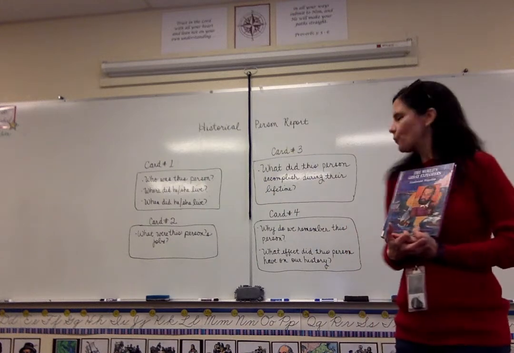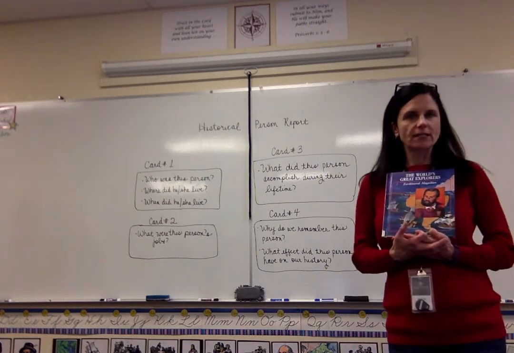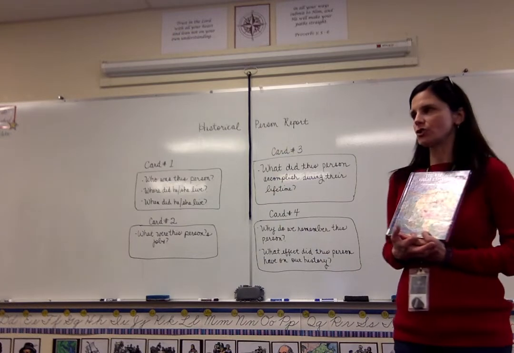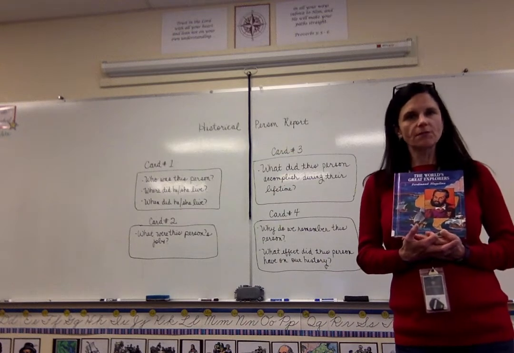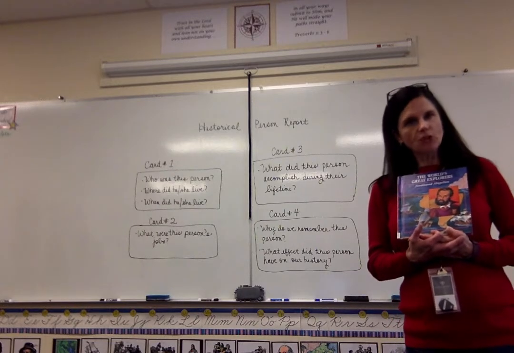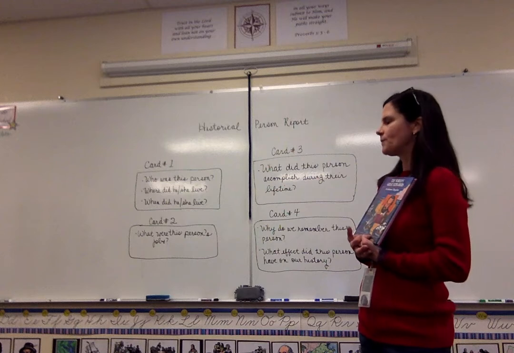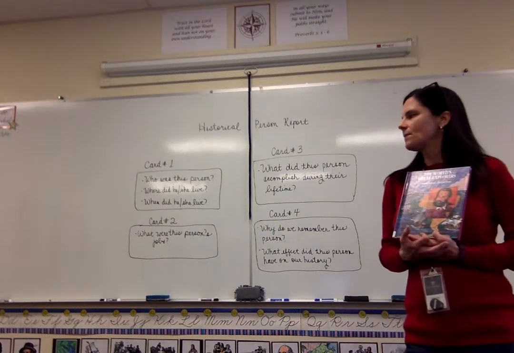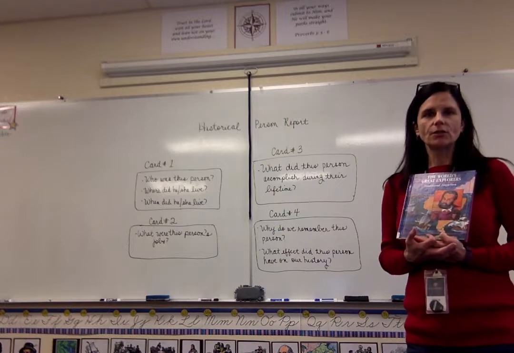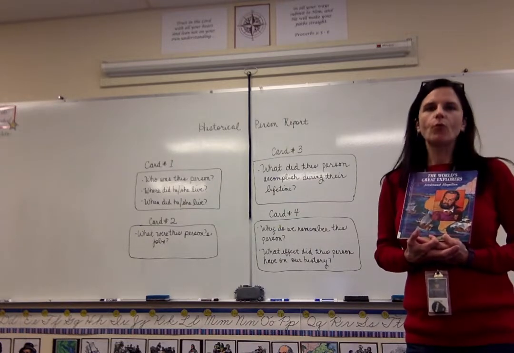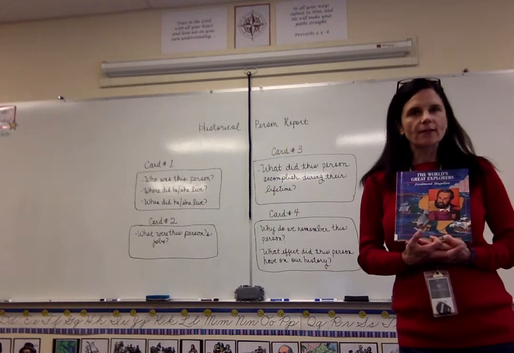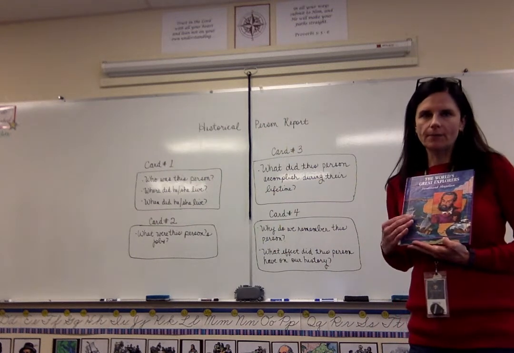We also remember him because he was the first person to name the largest ocean in the world, the Pacific Ocean. He also discovered the Strait of Magellan, which is at the tip of South America. And again, he was the first person to man a voyage successfully all the way around the world. So those would be his effects on history and why we remember him.